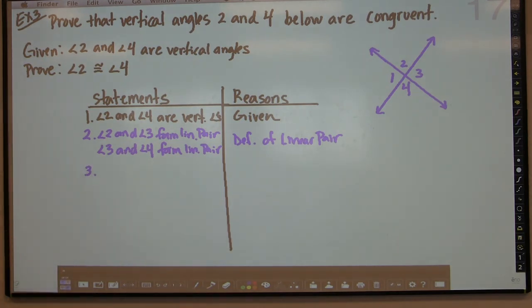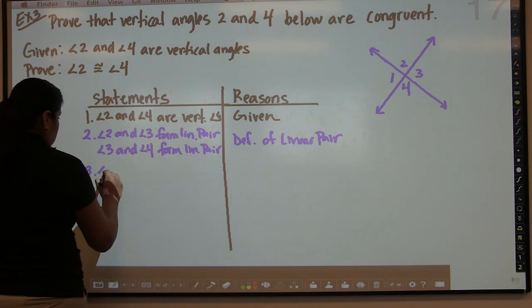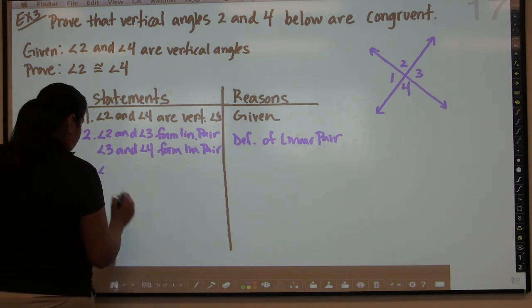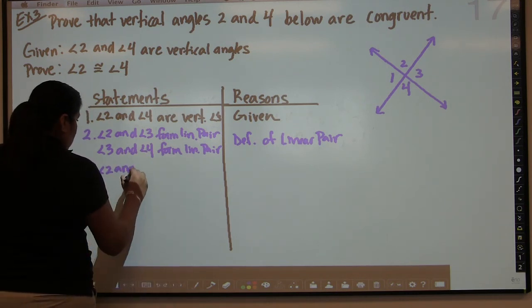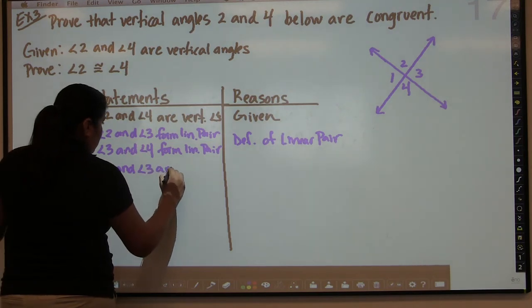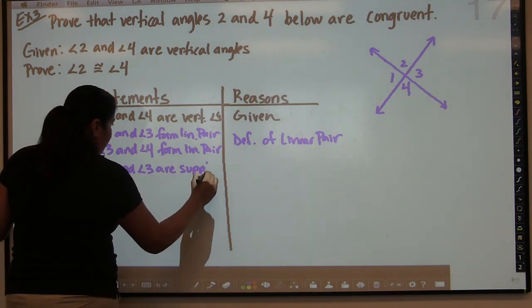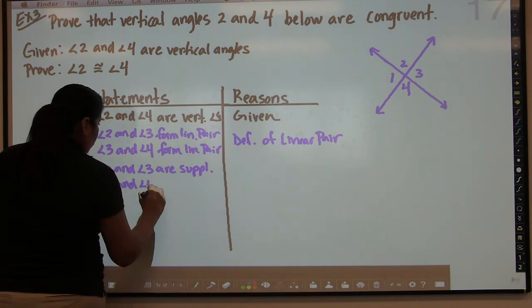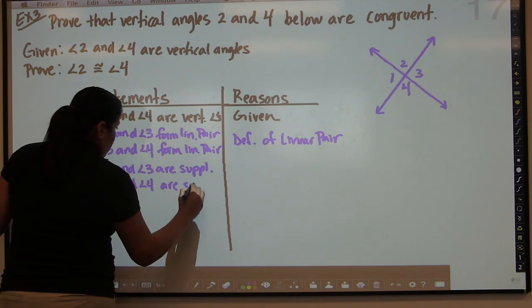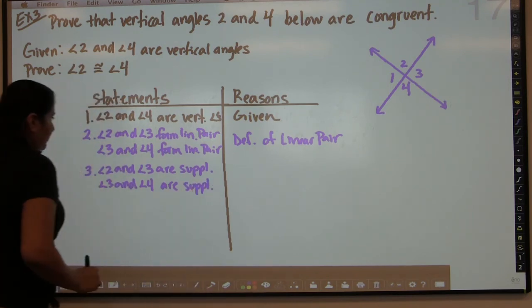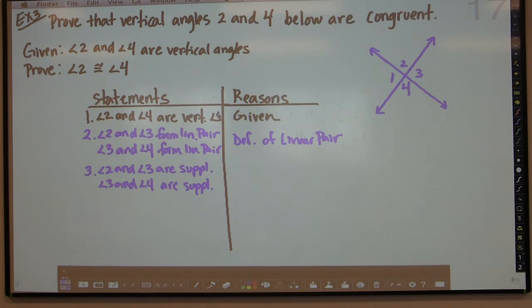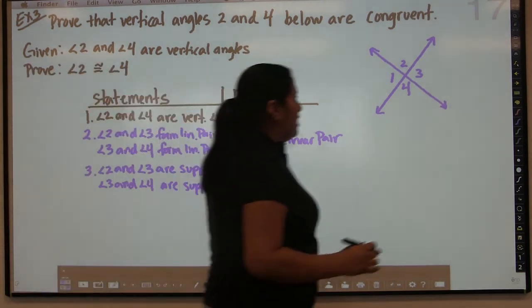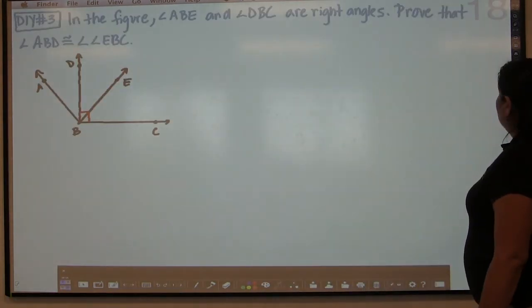But because they're a linear pair, we know from the supplement theorem that angle 2 and angle 3 are supplementary. Angle 3 and angle 4 are supplementary. Okay? And that's from the supplement theorem. So I just want to take you back real quick in case you think I'm lying to you.